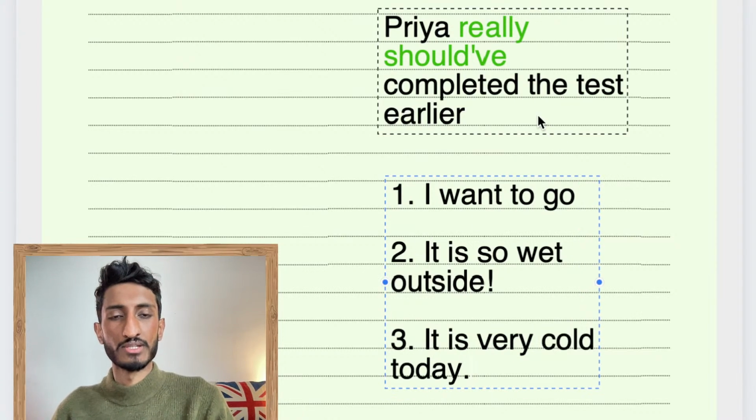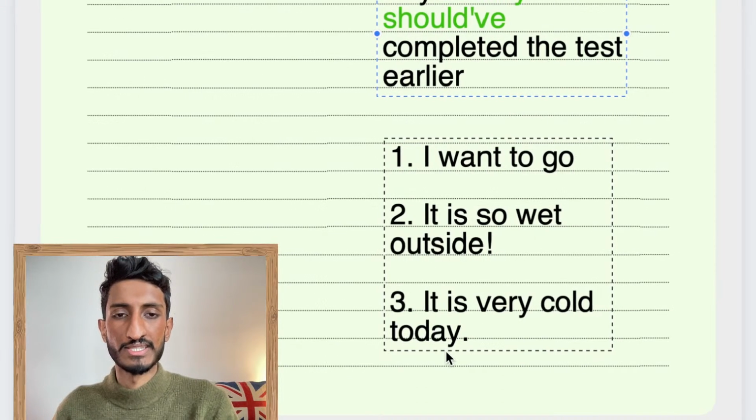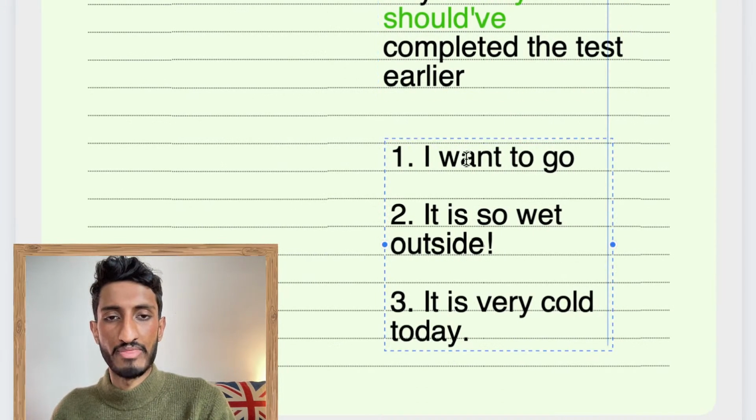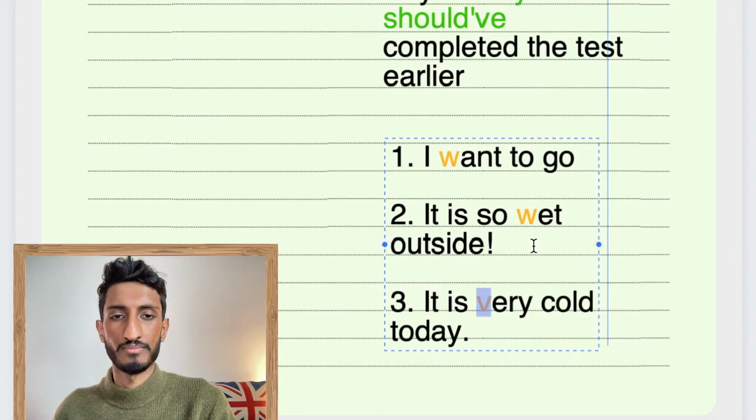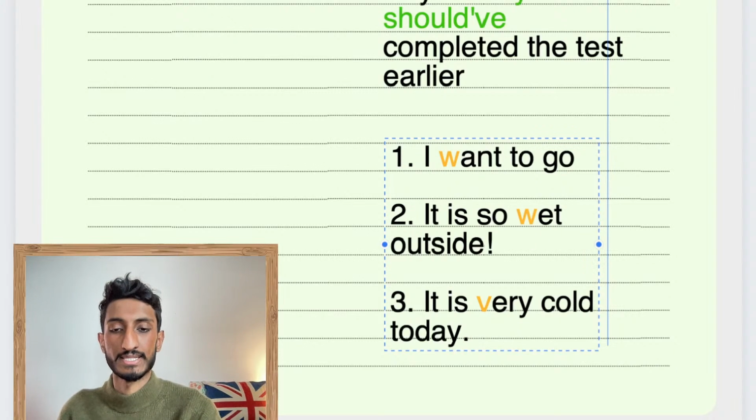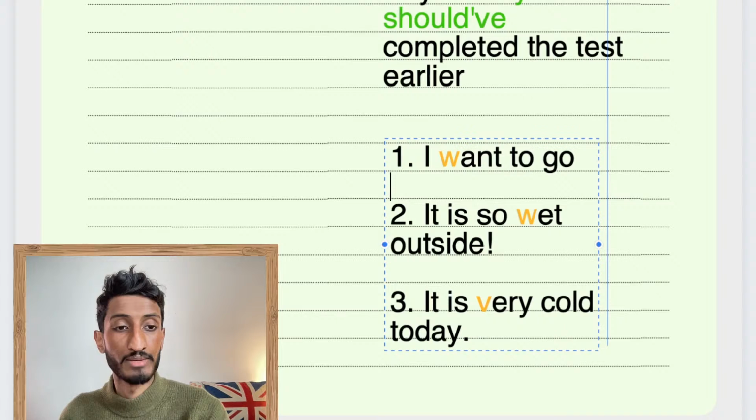Okay, these are pretty simple examples, but I do want to explain them in more detail because we're going to analyze these sounds now. So I'm just going to highlight them for you. Okay, we're going to investigate the differences in the sounds here in Indian English and British English.